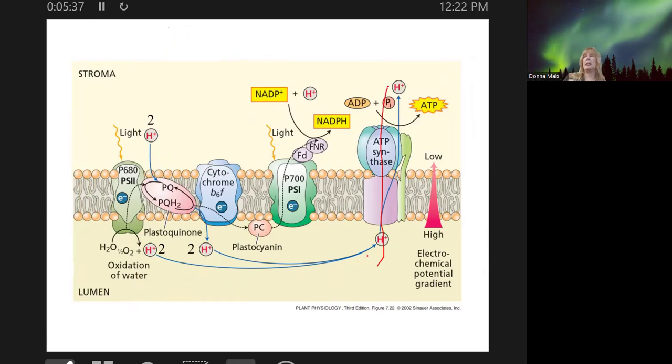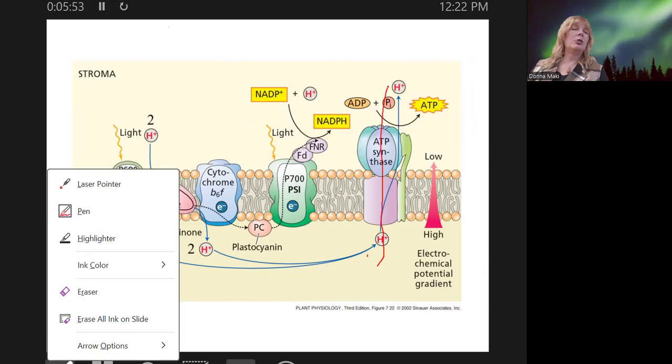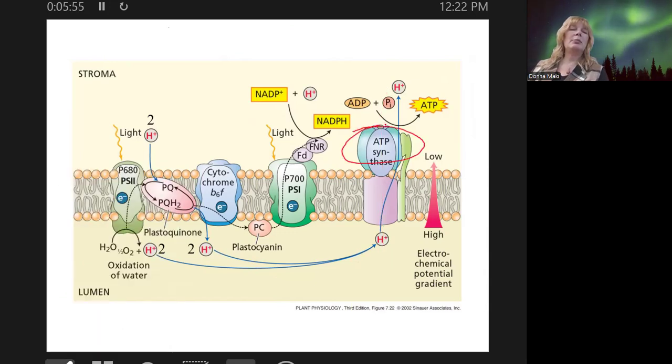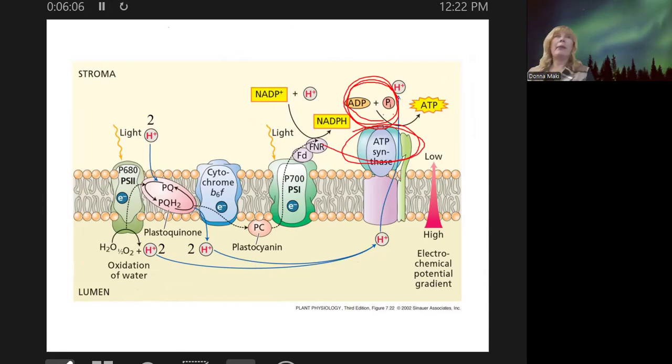In this case, it's the ATP synthase, which is a huge multi-subunit protein that spans the whole width of the thylakoid membrane. As those protons are flowing through the ATP synthase, it actually creates a torque force. These subunits up here rotate and allow inorganic phosphate and ADP to come together and react. And if that happens, then you get that lovely ATP.